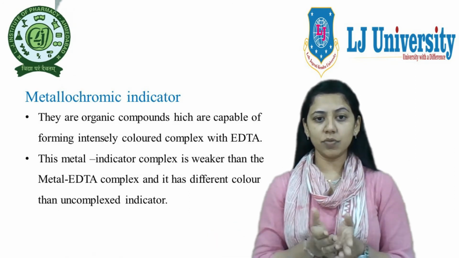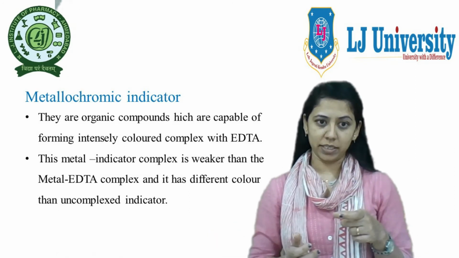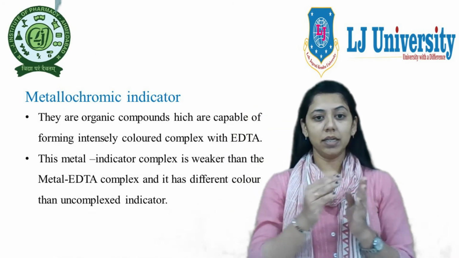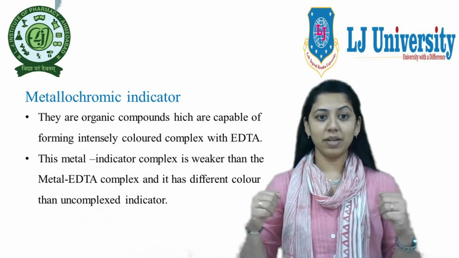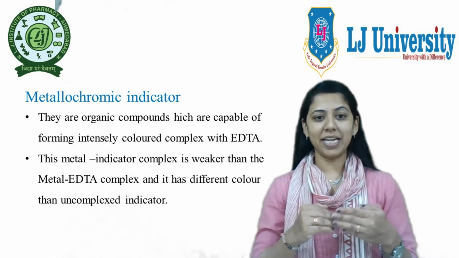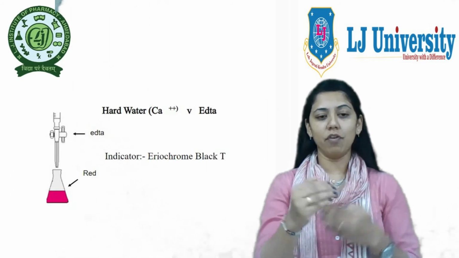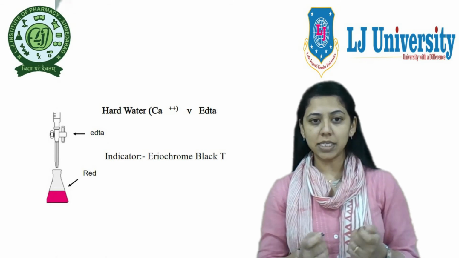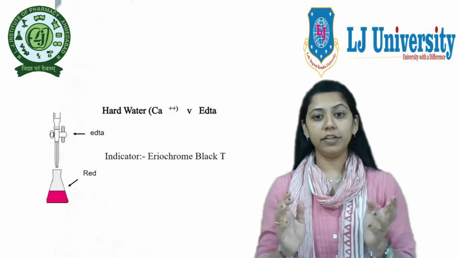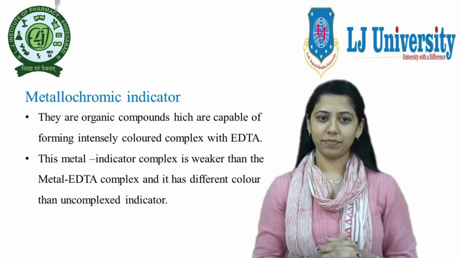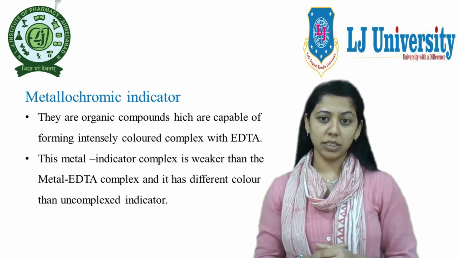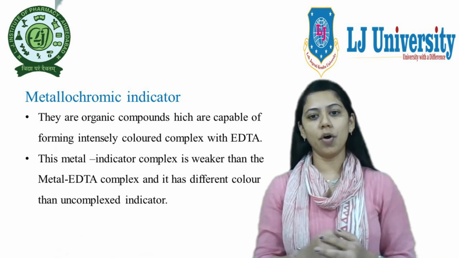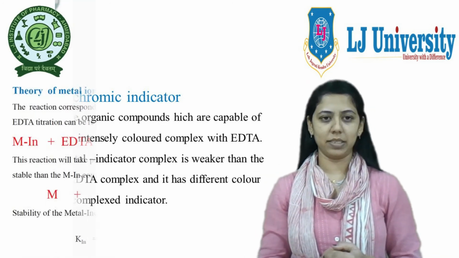Initially in a conical flask we have the metal indicator complex, and once EDTA is added as a titrant, this metal indicator complex breaks down and that metal combines with the titrant EDTA and forms a new complex. And here the condition is that these two complexes have different colors. During the course of titration, the metal ion from the metal indicator complex is replaced to form the metal EDTA complex.